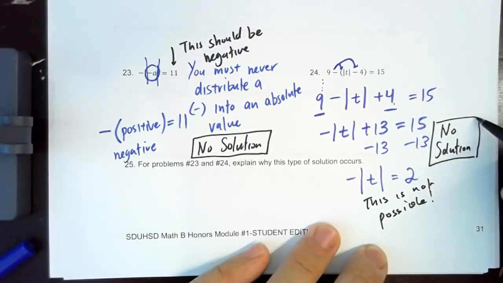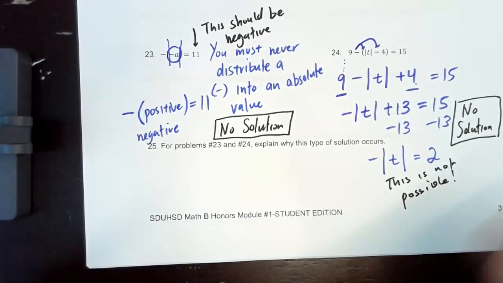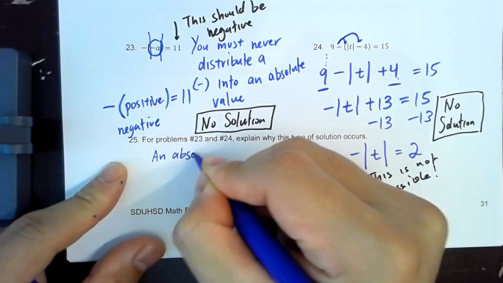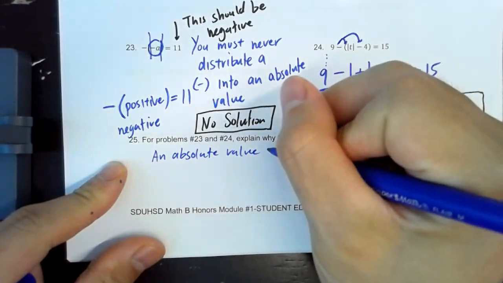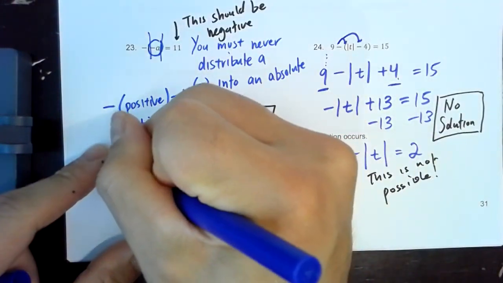And absolute values can have no solution if you just set it equal to a negative, right? So you would say an absolute value expression must always be positive.